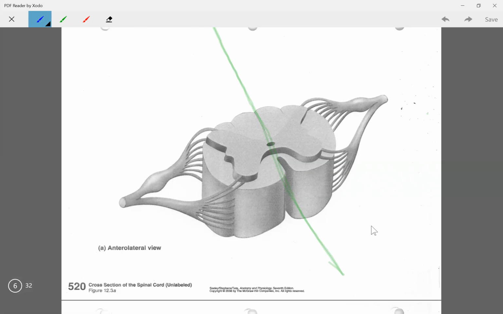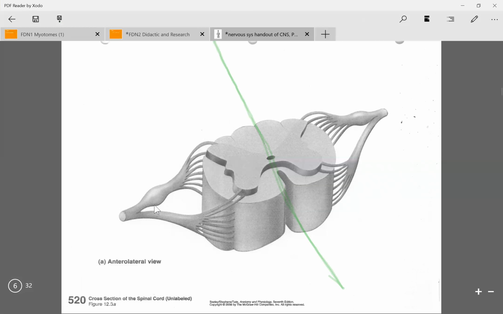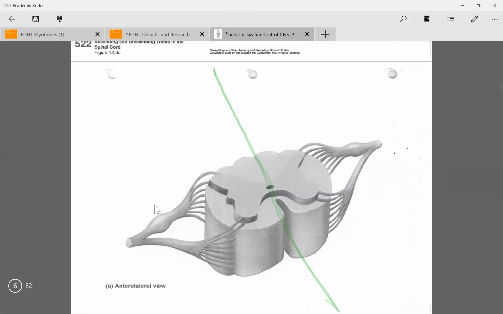All right, so the other thing I want to draw in here is the brain.